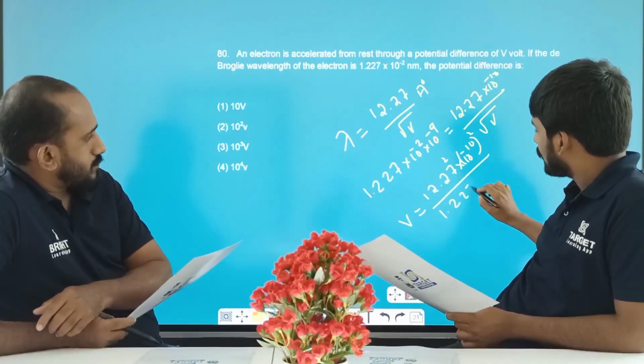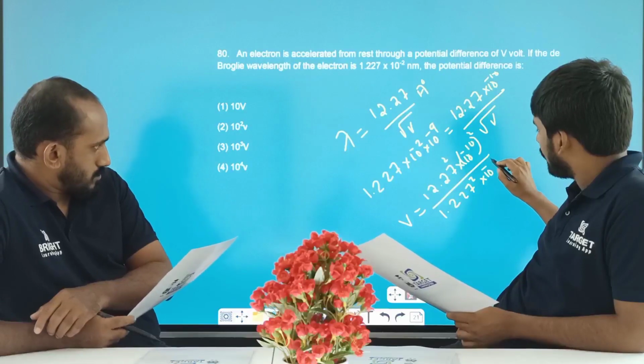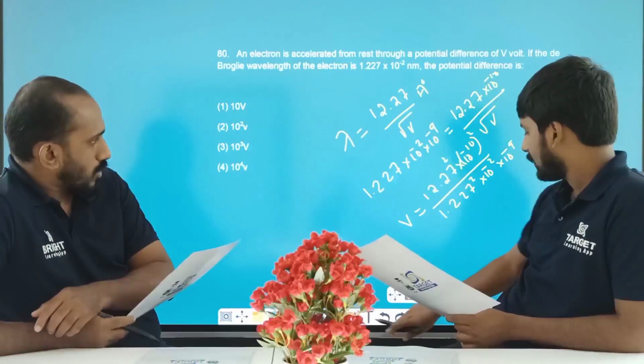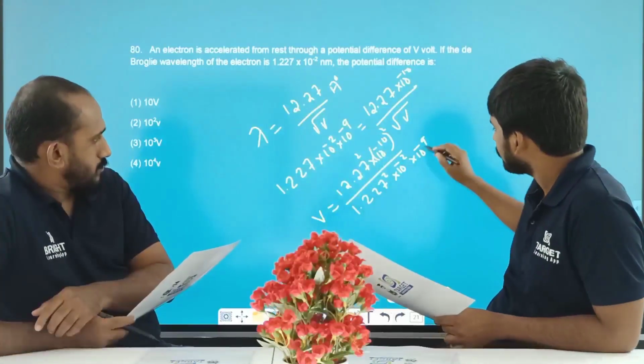1.227 square into 10 raised to minus 2 into 10 raised to minus 9, whole square.